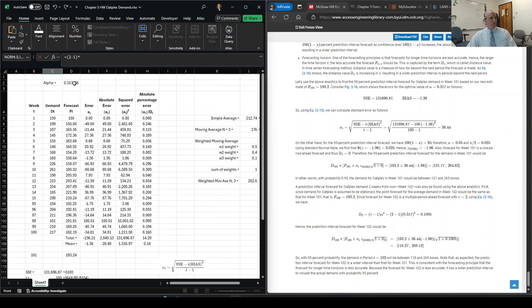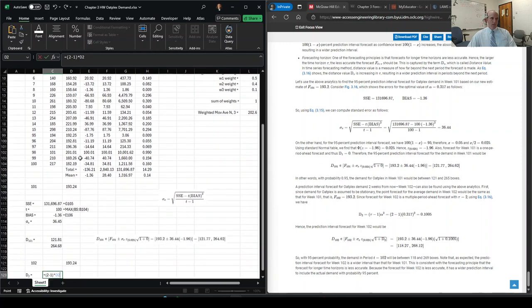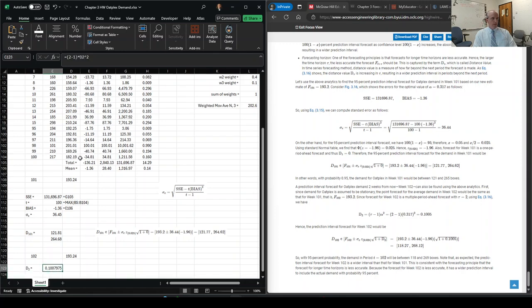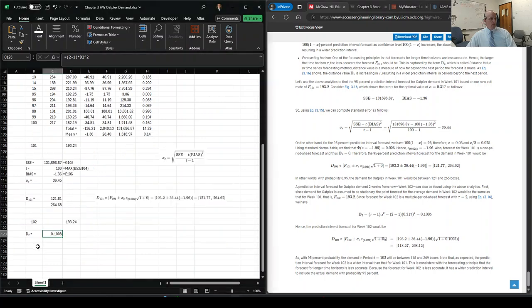Our alpha is 0.317, and that's going to be squared. It's going to give us a little bit different than the book, 0.1008. Again, our alpha is a little bit more than 0.317, so we get a little bit more than the 0.1005. We plug that into the equations for the distribution for 102.